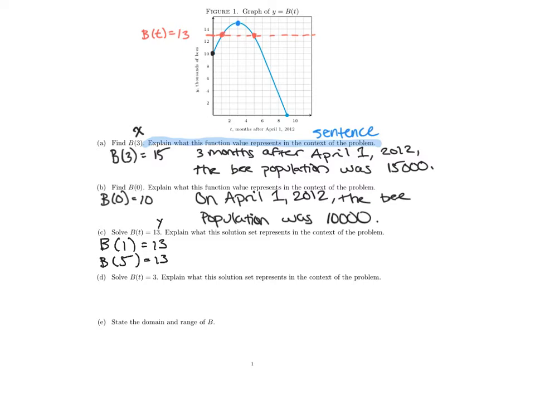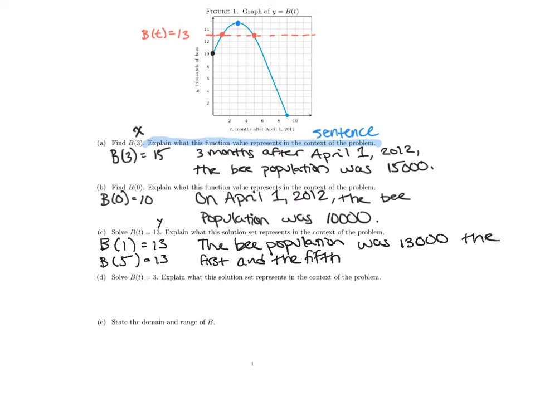So we might write the bee population was 13,000 the 1st and the 5th month after April 1st, 2012.